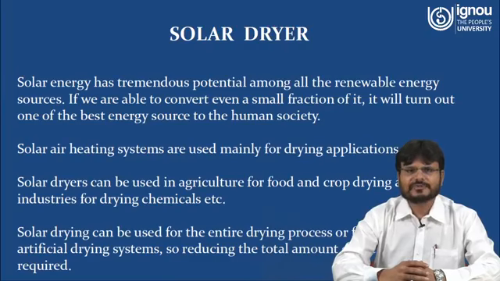Solar drying can be used for the entire drying process or to supplement an artificial drying system, so reducing the total amount of fuel energy required. As I told you, whatever energy you are using to run such a system is solar energy, which is free.